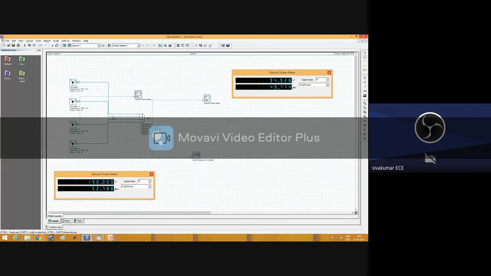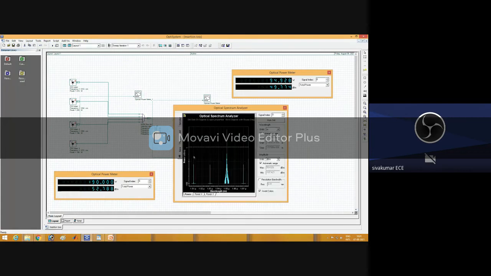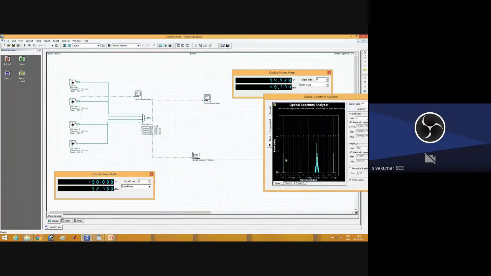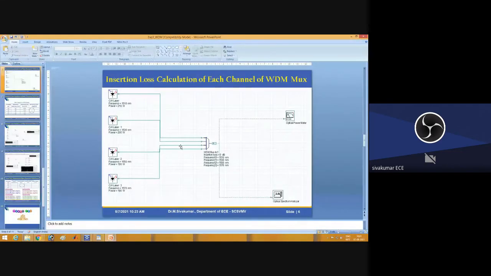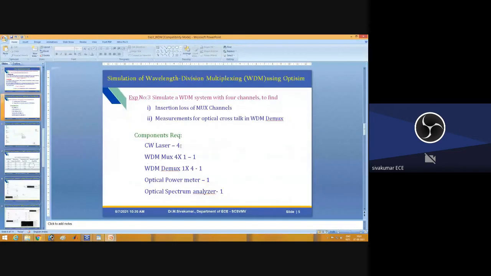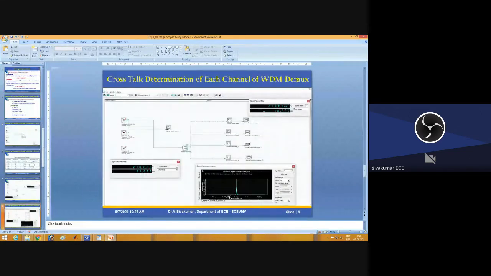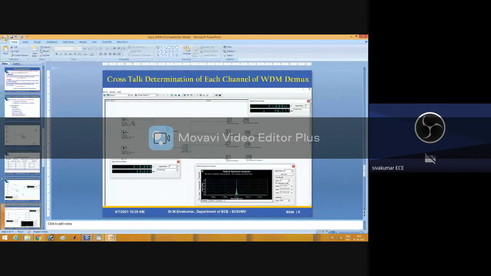In this manner, you calculate the power and also observe the spectrum. Here you can see the previous one. The slide shows power at 1.5 because I'm selecting 1.5: 1510 nanometer having 210 watts.